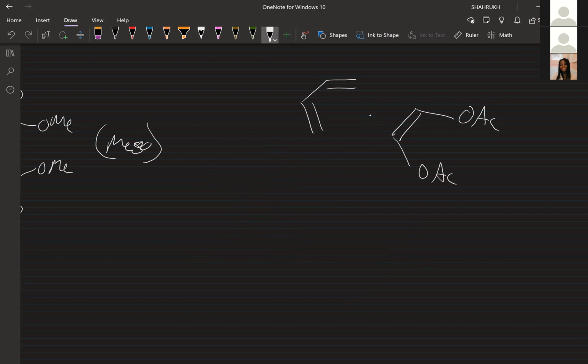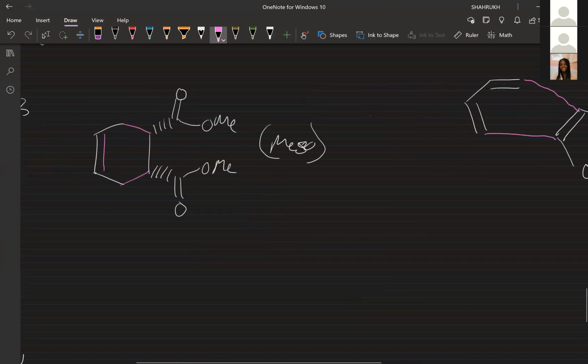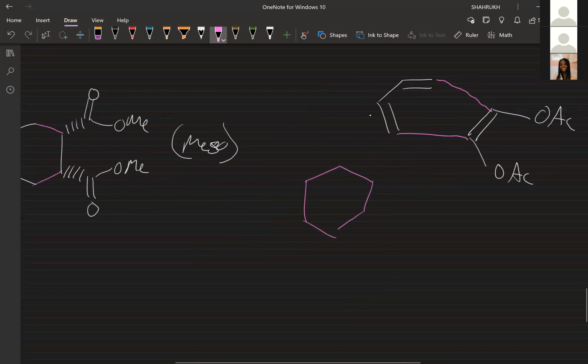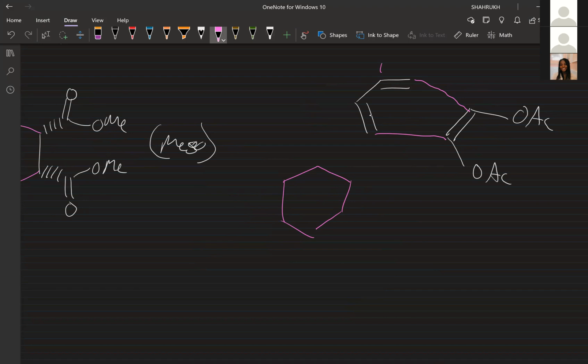So where the bonds kind of form is essentially you're having this bond form and this bond form. Can you see the cyclohexane we formed here now? You see that cyclohexane, right? You can see that base structure now that's formed. It's between carbons 1, 2, 3, 4, 5, and 6. Maybe, yeah, let me label them.